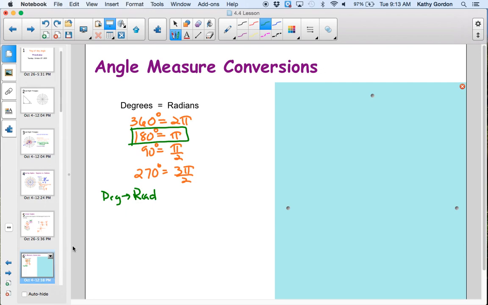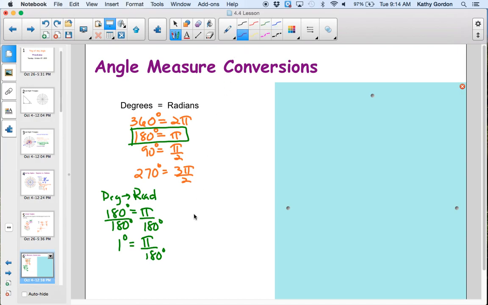And so I'm going to take this idea of 180 being equal to pi, and I'm going to divide both sides by 180. Which means that 1 degree now has to be pi over 180. So however many degrees I have, if I multiply that by pi over 180, that'll convert it into radians for me.